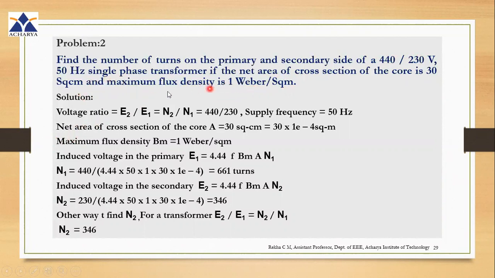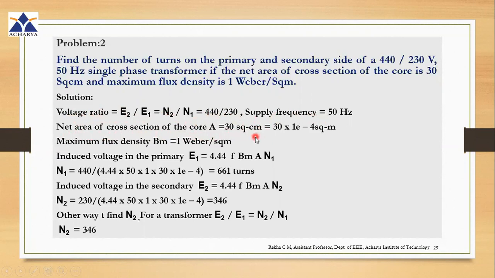So first, let us write down what is given over here. The voltage ratio is given, E2 by E1, which is equal to N2 by N1, that is 230/440. The supply frequency is 50 hertz. They have also given the net area of cross section of the core A, which is 30 square centimeters.